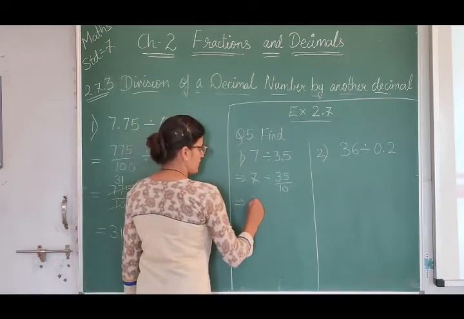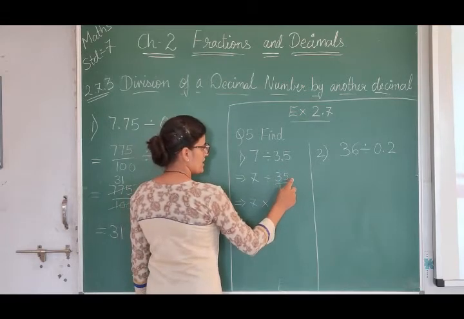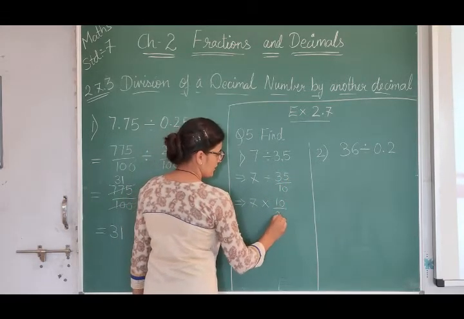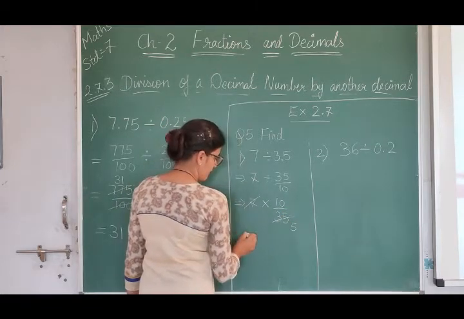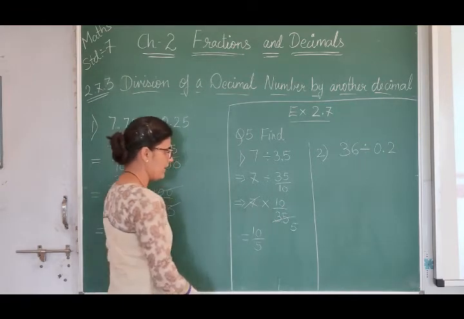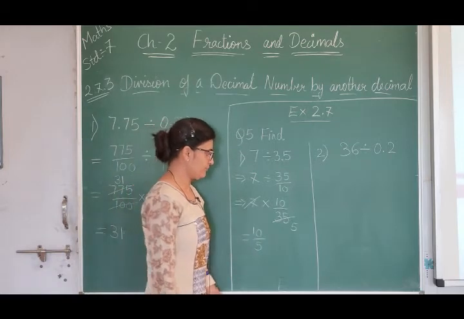So for 7, the division sign will be taken as multiplication. 35 by 10, its reciprocal will be 10 by 35. 7 5s are 35. 10 by 5. So the required answer is 10 divided by 5.